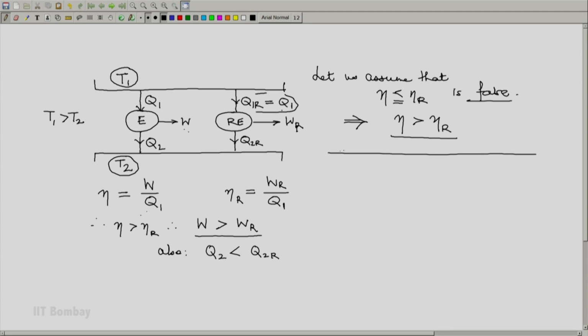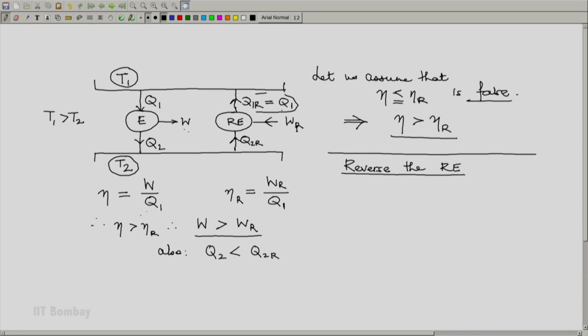Now what we do is reverse the reversible engine. What is the consequence of this? The first consequence is that the three interactions have their directions interchanged. So this becomes in this direction, this also in this direction, and this work interaction goes into the reversed engine.